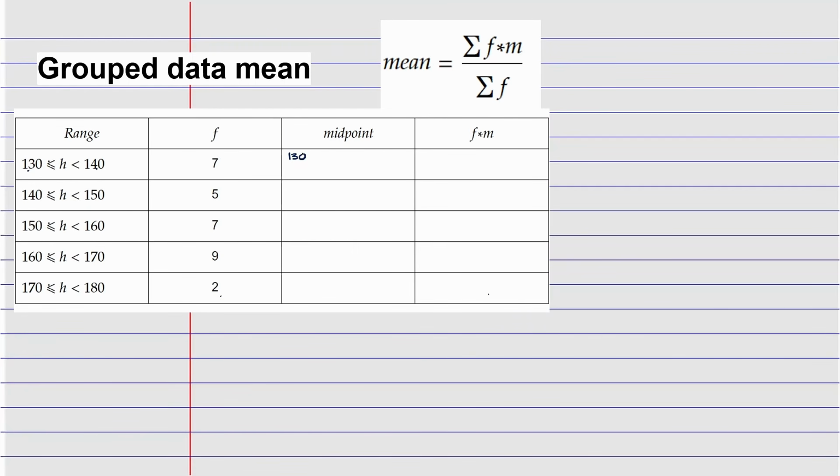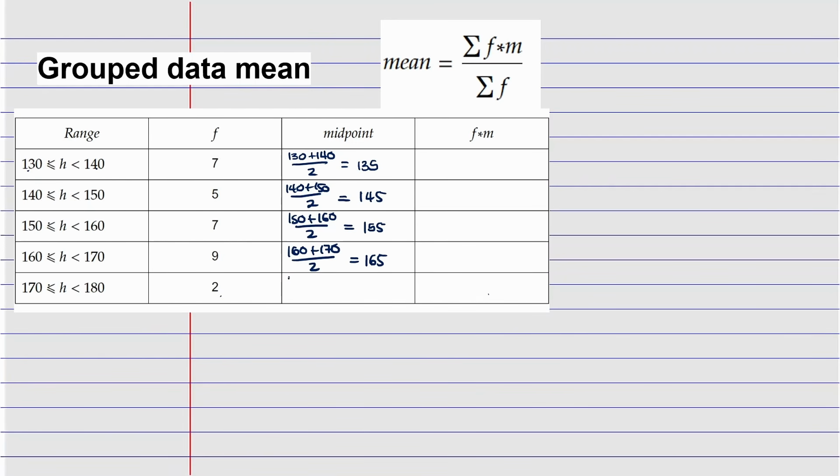So this is going to be 130 plus 140, divided by 2, which gives 135. Now 140 plus 150 divided by 2 gives 145. 150 plus 160 divided by 2 gives 155. 160 plus 170 divided by 2 gives 165.